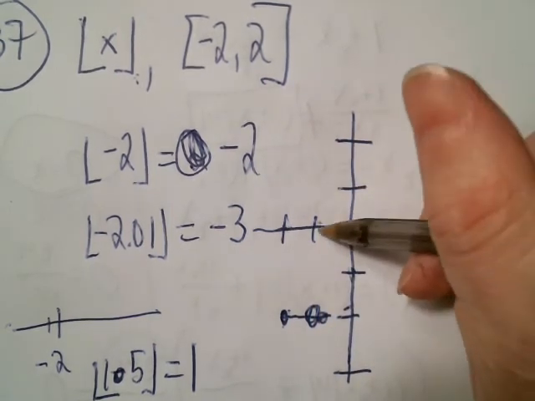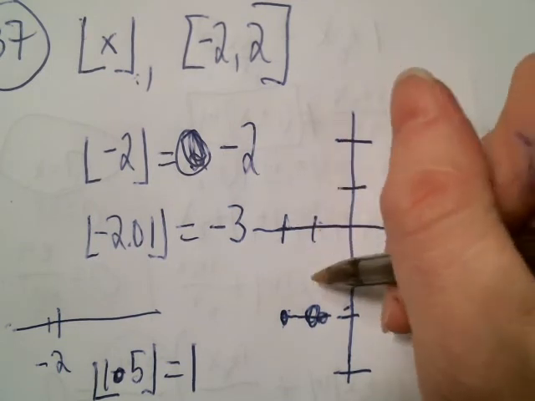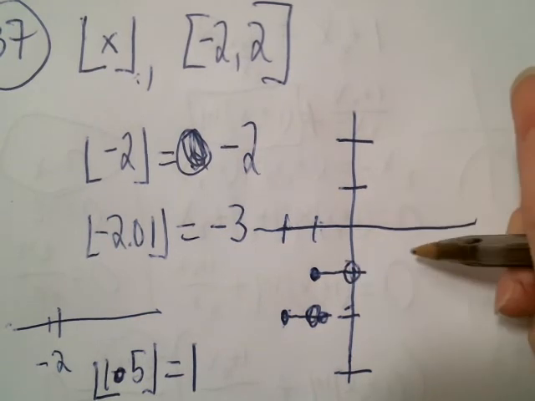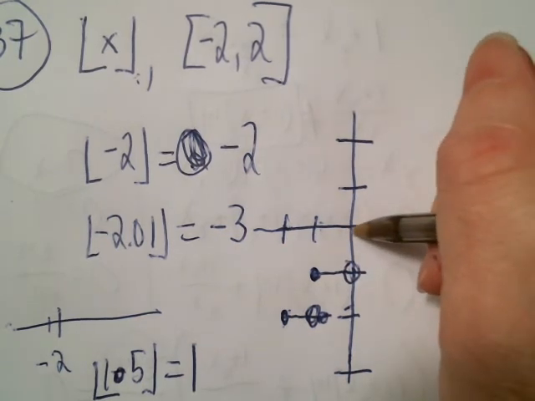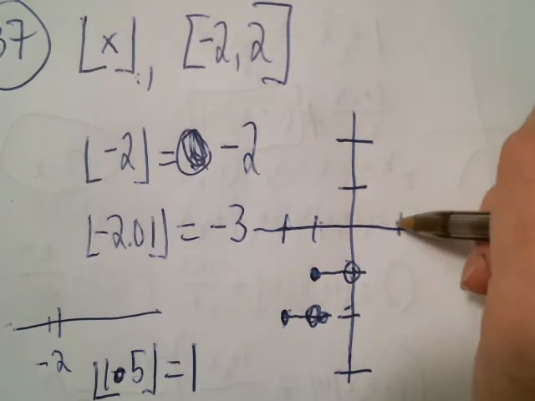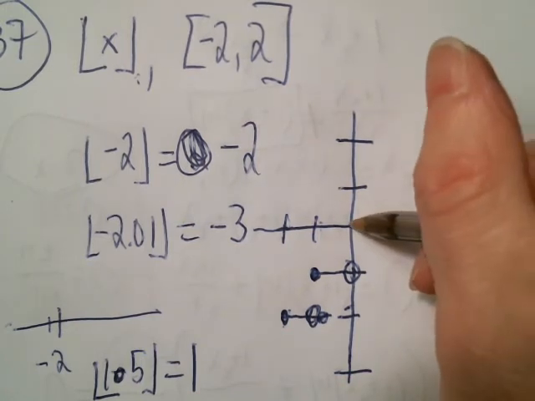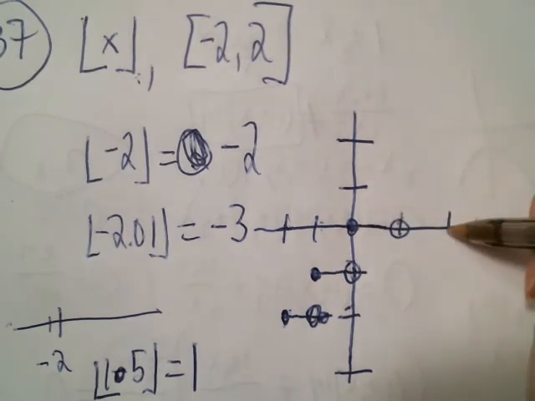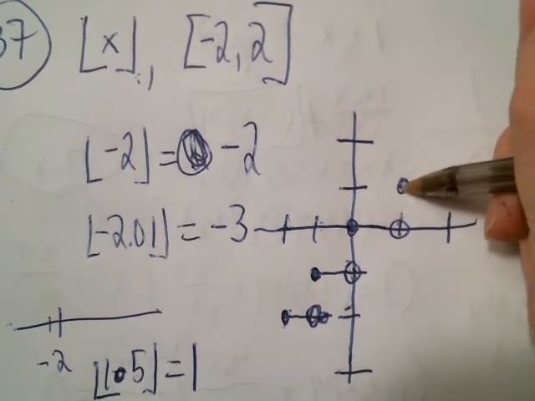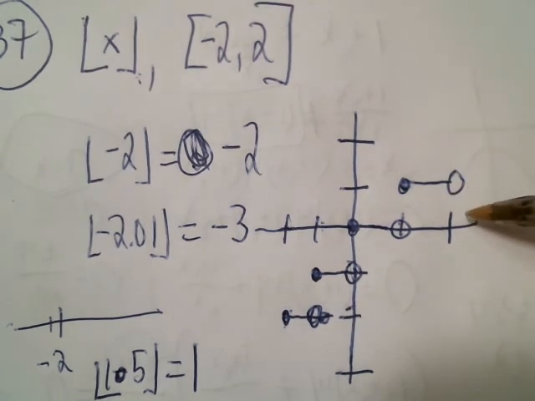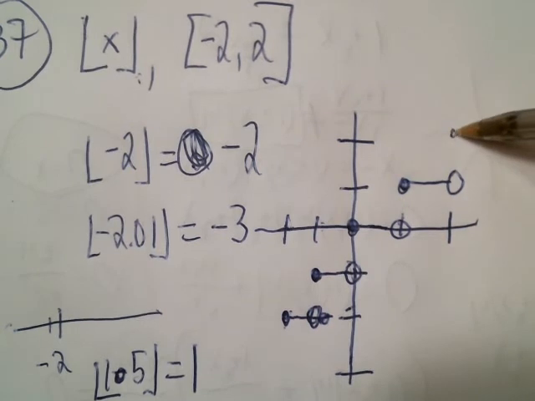And then anything up to -1 and including -1 is going to get knocked down to -1 like that. And then anything from 0 to 0.5 is going to become 0. So it's going to end up looking like this. And then on 2, it's going to get knocked down like that, all the way up to the floor of 2, which will just be 2.